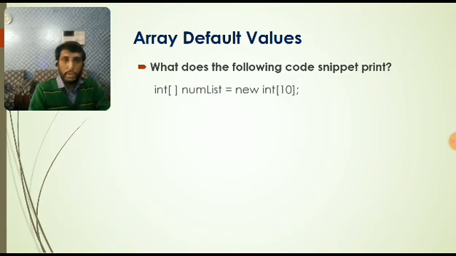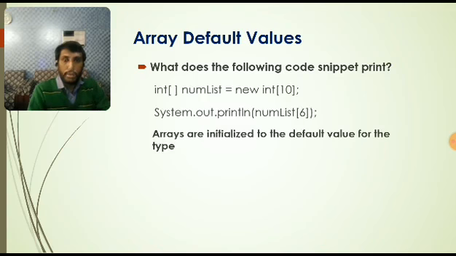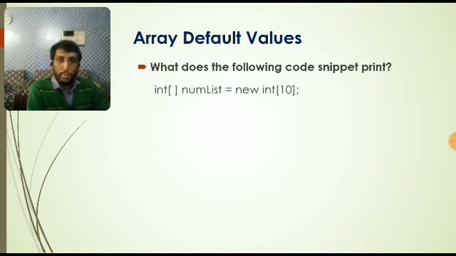What will the following code snippet print? Int numList = new int[10], System.out.print numList[6]. So arrays are initialized to the default value of the type. Here the first line is showing that 10 elements are created, 10 spaces are created in the memory of the computer in the program, and the name of the array is numList.